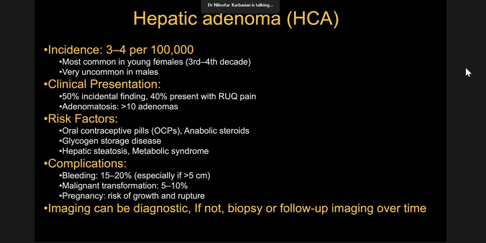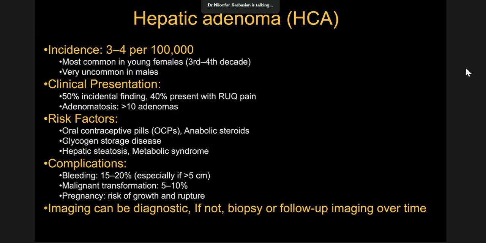Their clinical presentation is usually incidental 50% of the time, and 40% can have some symptoms like right upper quadrant pain. When there are more than 10 adenomas throughout the liver, we sometimes call them adenomatosis. The risk factors, as I'm sure you are aware, are OCPs, steroids, as I mentioned, glycogen storage disease, hepatic steatosis, and metabolic syndrome increases the risk.